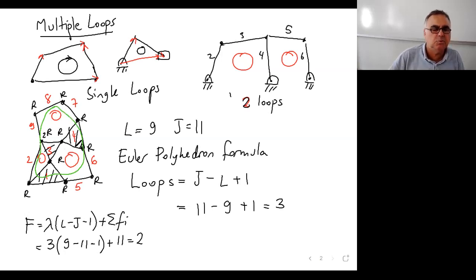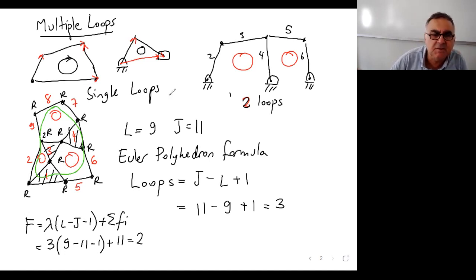This is one more loop, but the green one will be dependent on the red equations. So there are only three equations. Three vector equations can be written.